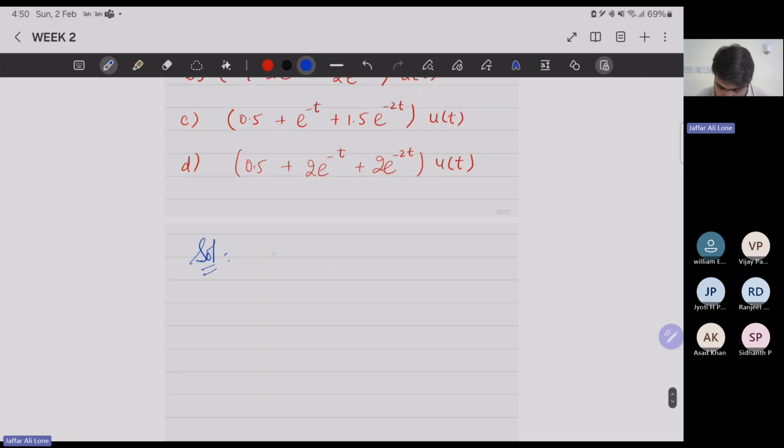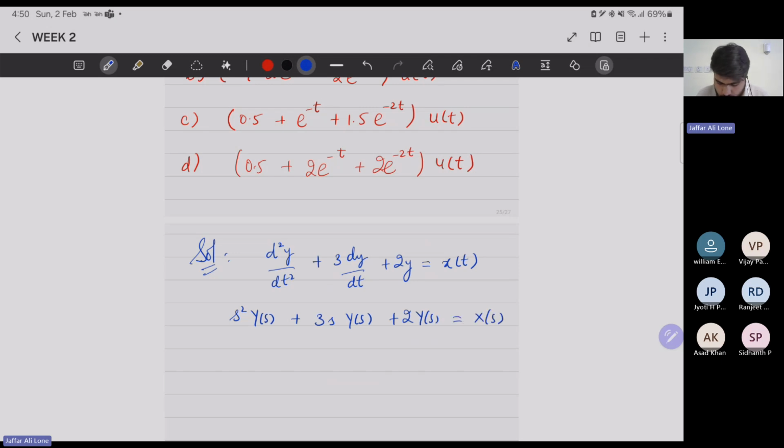So the equation is d2y over dt2 plus 3 dy by dt plus 2y is equal to x(t). If we take the Laplace transform, it will be s squared Y(s) plus 3sY(s) plus 2Y(s) is equal to X(s).